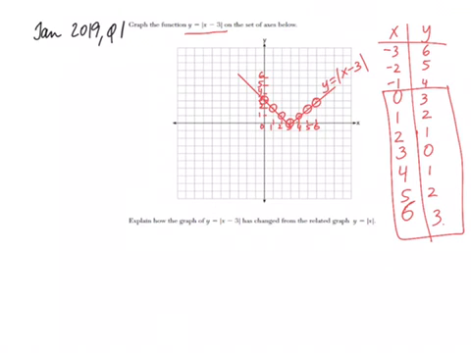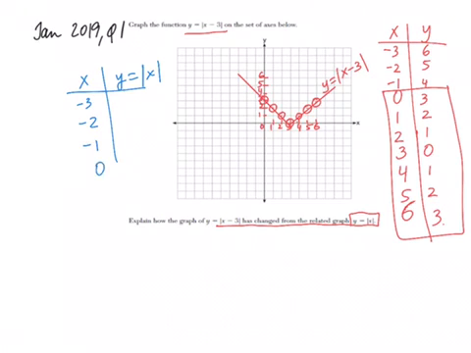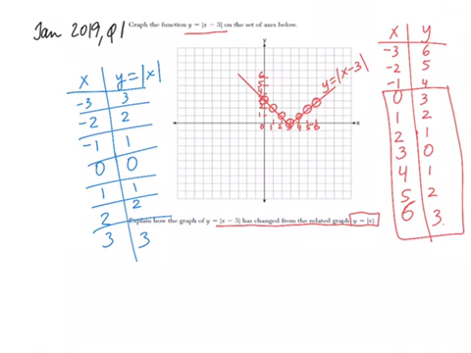Now they're saying, how does this graph differ from the standard graph y is equal to absolute x? So let's draw absolute x and see what we get. So let's say we take these values. It's always good to remember this graph. It's a standard graph. So let's plug these values in. Got -1, -2.